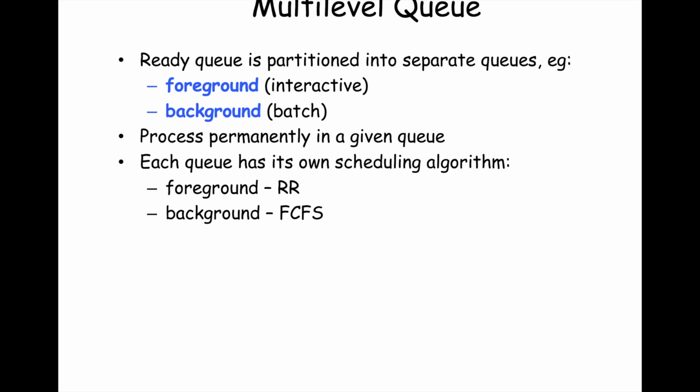Then you take that data from the network card's I/O buffer, and you put it in some mailbox on your machine. So each queue, the foreground and background, has its own scheduling algorithm. The foreground has a round robin scheduling algorithm for fair sharing of the processor, and the background has a first come, first serve scheduling discipline. Okay. Any questions about this?